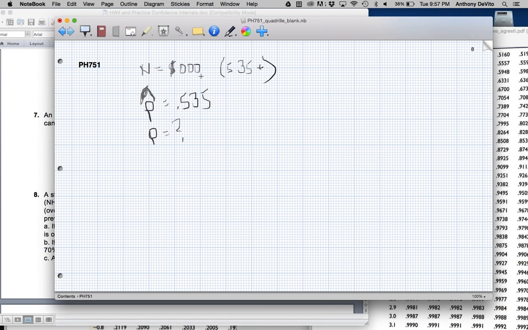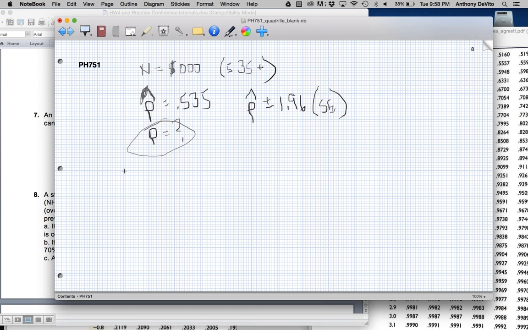Let's see if we can figure out what our confidence interval is going to be for this value. So how are we going to do that? Well, it's going to be p cap plus or minus 1.96, and there's way more than 15 people in each group, 535, and the other one's going to be 465, times our standard error.